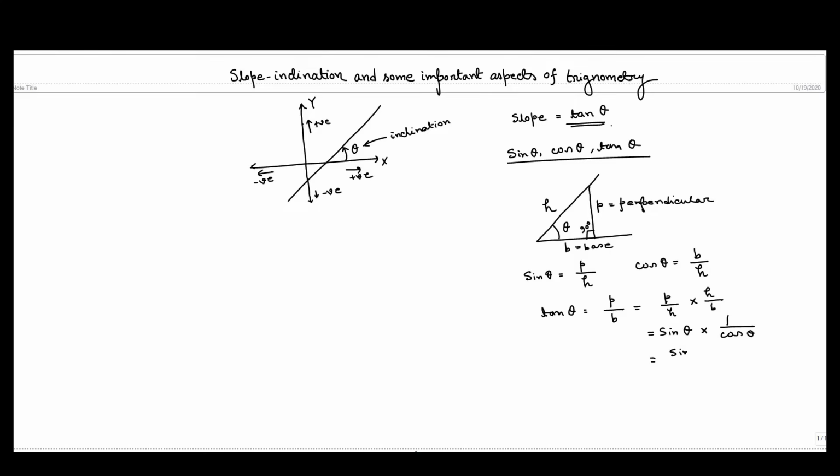So it is nothing but sin theta by cos theta. That's how sin theta, cos theta, and tan theta are defined in our high school courses. So here, when a straight line makes an angle theta with the positive x-axis, which is the inclination, we take tan of that angle, and that is the slope, which we denote as m.